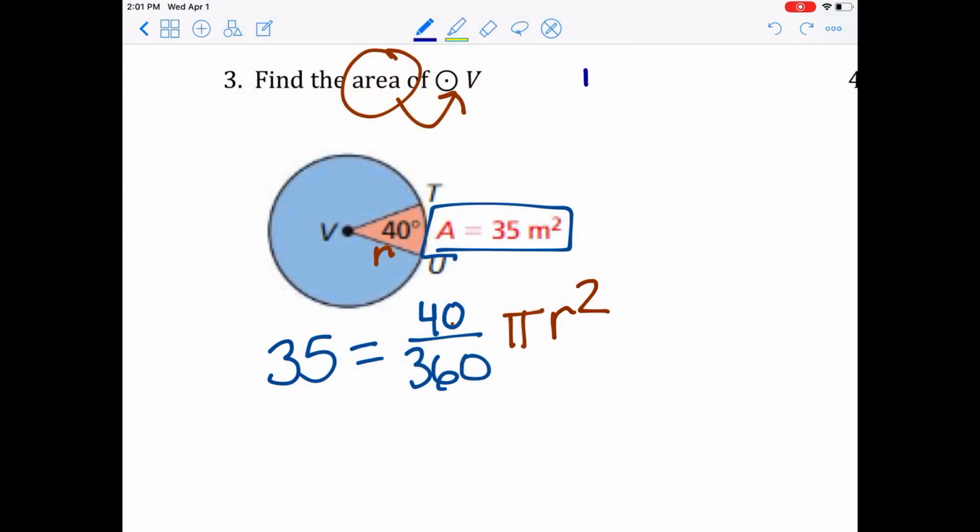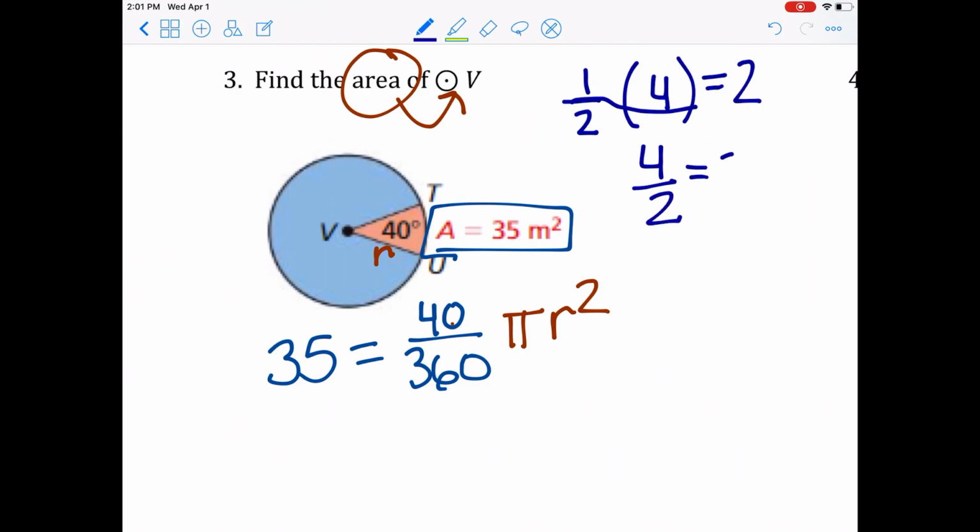If I were to say 1/2 times 4, wouldn't you say the answer's 2 because a half of 4 is 2? Well, if we just threw that 4 on the top and said 4 divided by 2, you would still get the same answer. So we're going to do that when it comes to this problem here.